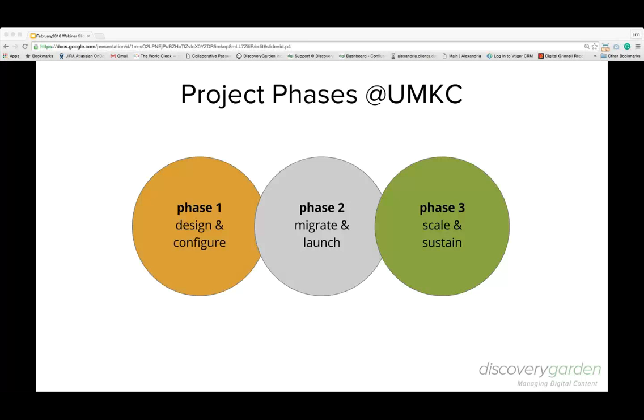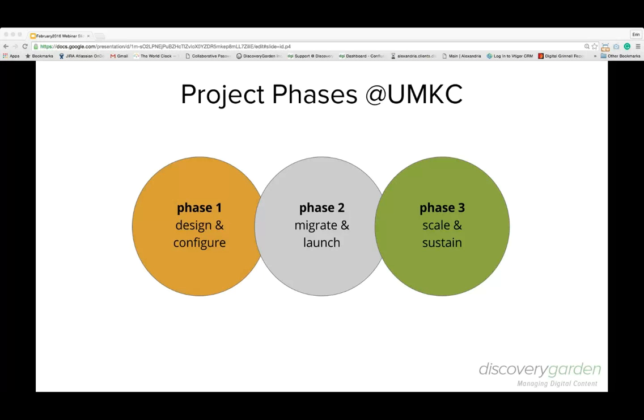So we did just a custom contract with them at the beginning of 2014. And we were able to pay for it by a local grant that we had received. And ultimately, the most valuable unanticipated outcome we got out of working with Discovery Garden was just how much we ended up learning about Islandora itself.